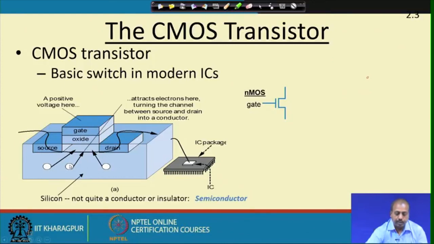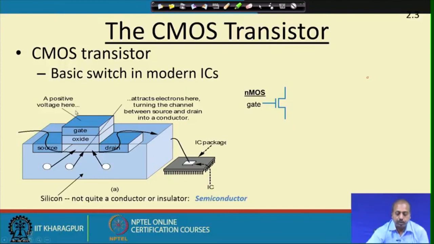It will attract these electrons into this channel between the source and drain. And now, if there is a potential difference between source and drain, if you apply a battery between the source and drain, then these electrons will move through this channel, they will go from source to drain or drain to source depending on the polarity of those signals. So, you get a current flow through the device.